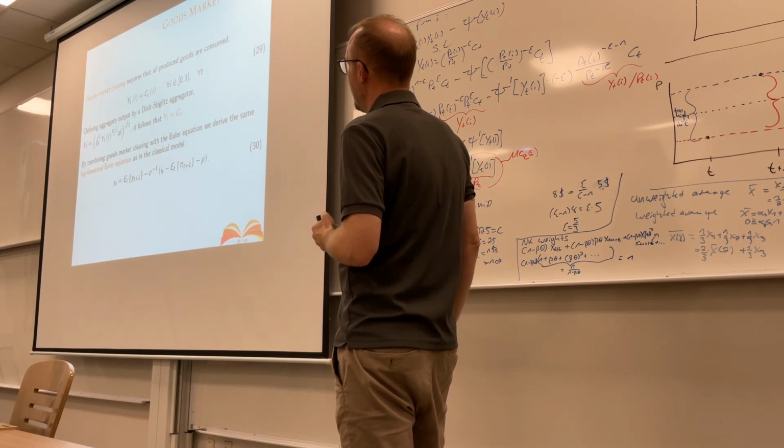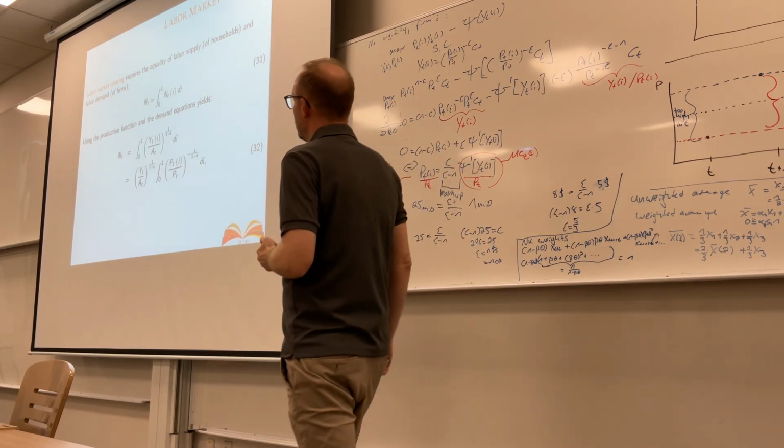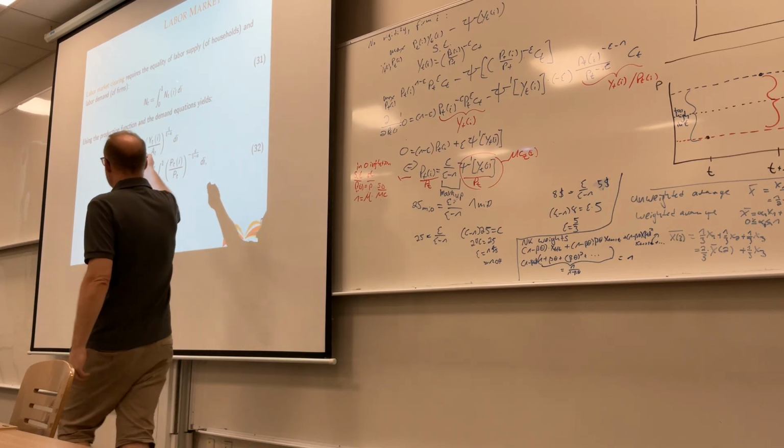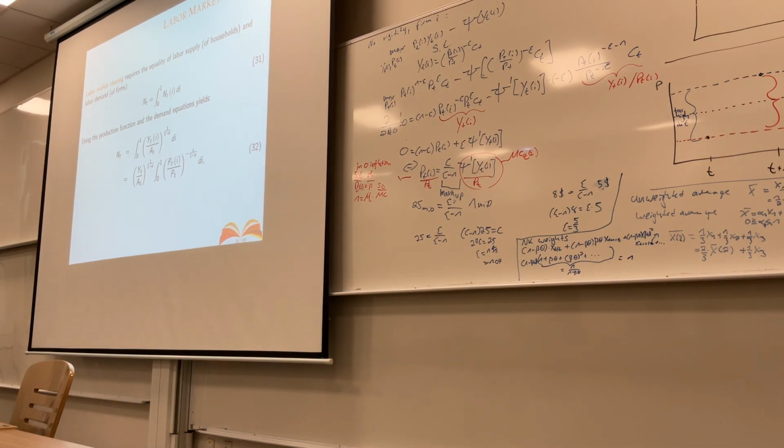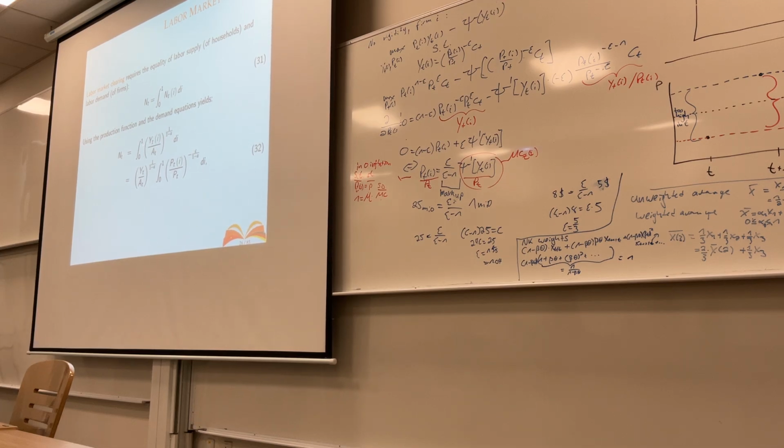So maybe we can solve that firm production function for N_t(i). We substitute that in here. And with this A_t, we get to pull out front.